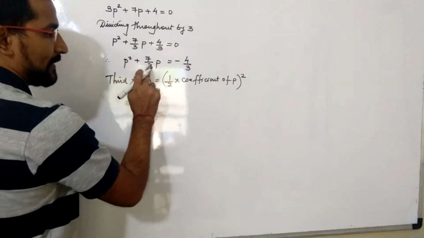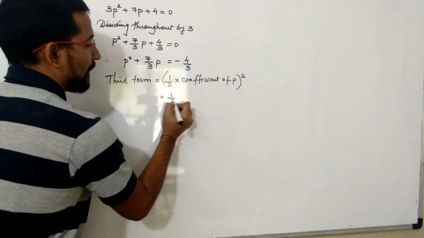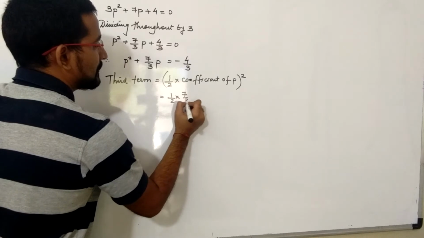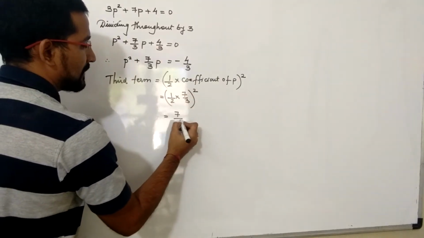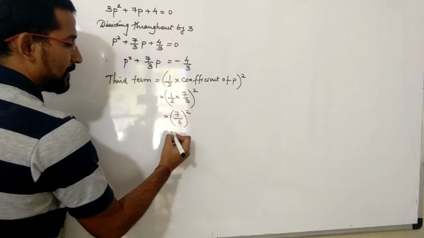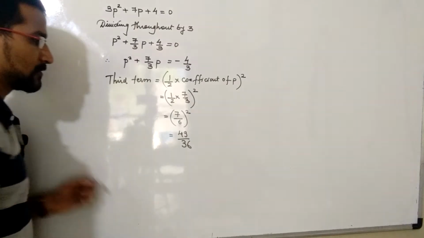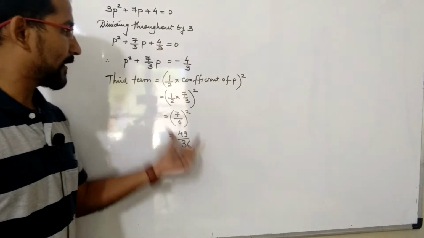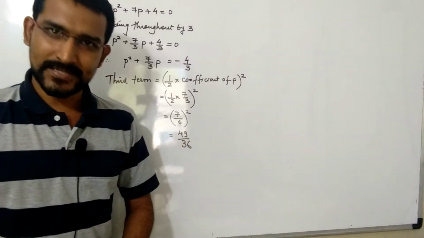So what is the coefficient of p here? Plus 7 by 3. So half into 7 by 3 the whole square. Now 1 into 7, 7 by 6 the whole square. So now it will become 49 by 36. So the third term that we get according to this question is 49 by 36.